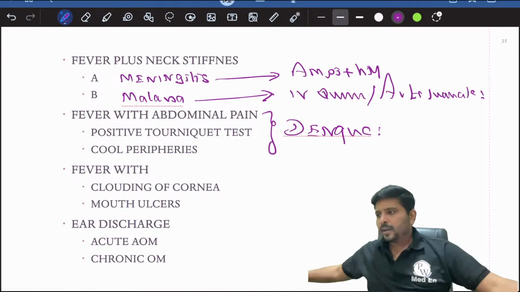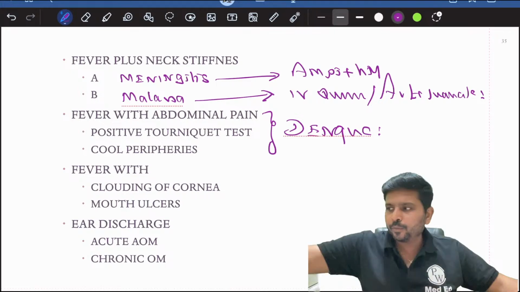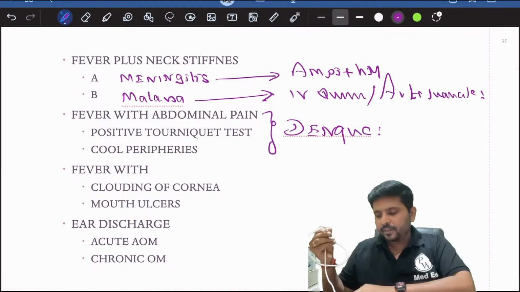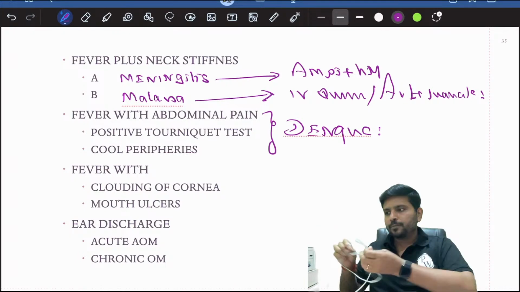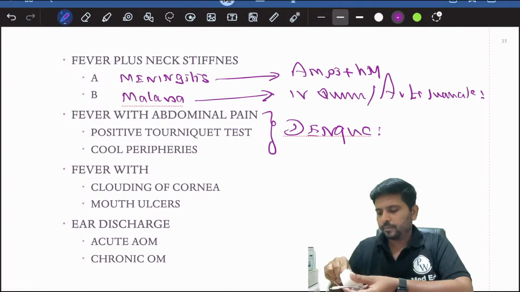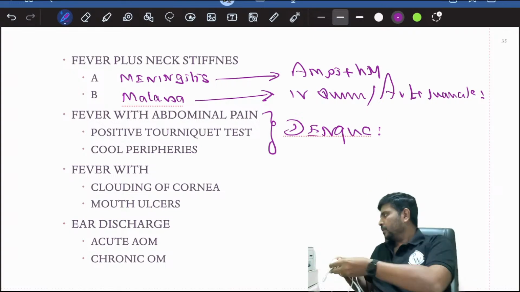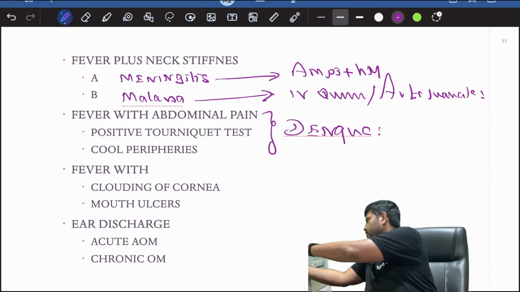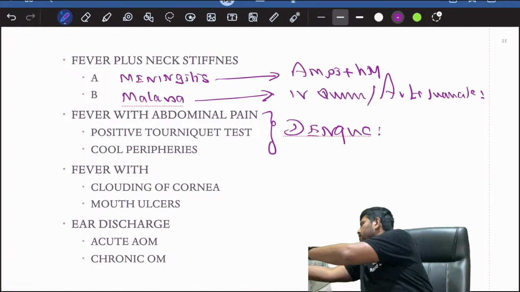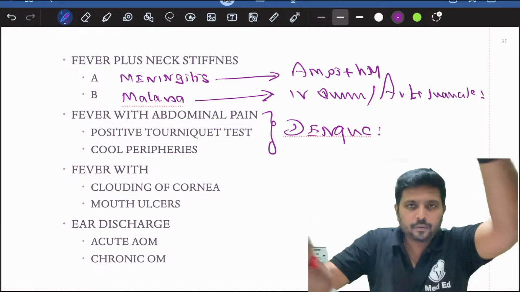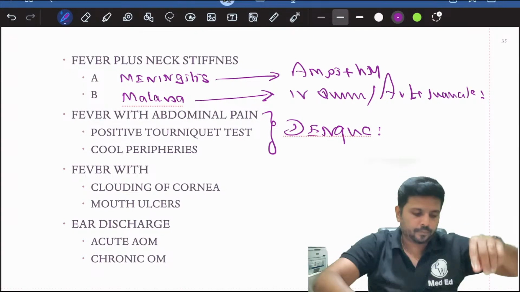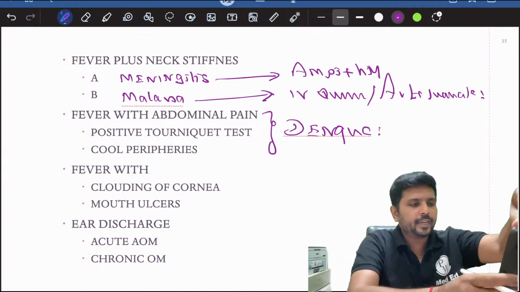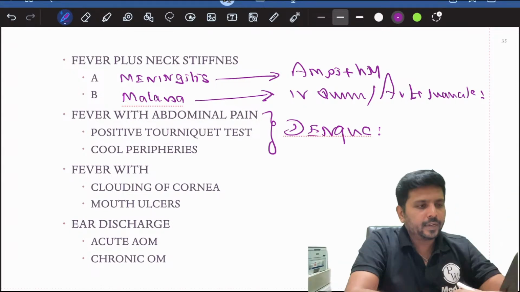Any child with fever and abdominal pain should be investigated for dengue as per the new IMNCI guidelines. Dengue is recently included in the IMNCI guidelines.